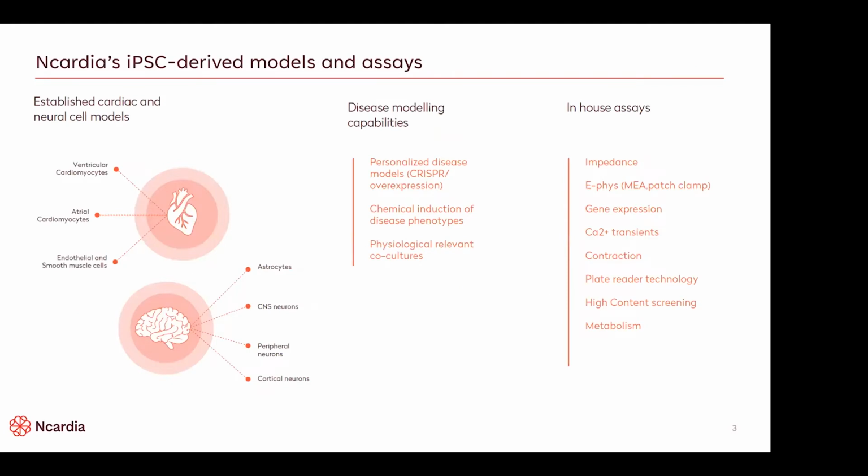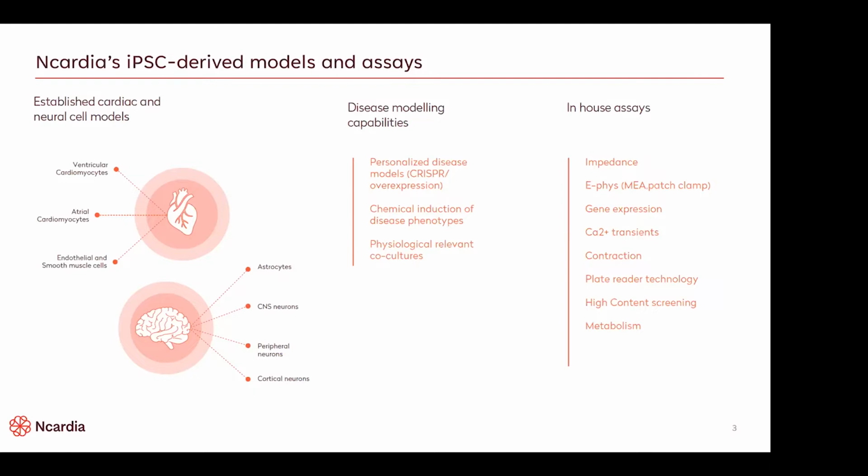To give you a better idea of Encardia's capabilities, we have different processes that are being developed and that are well established. Our focus is mostly on cardiac and neural cell models. As you probably know by now, the focus of today's presentation will be on the cardiac cell models. These established cell models are used to create disease models based on whatever is needed for a project.